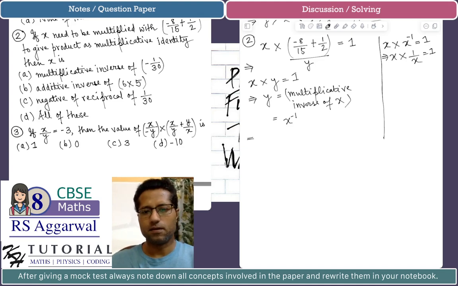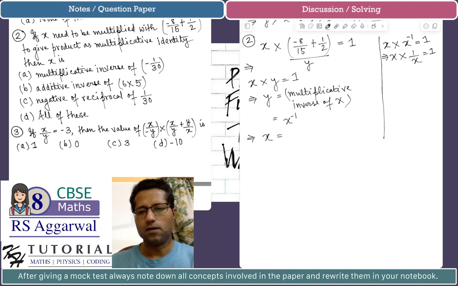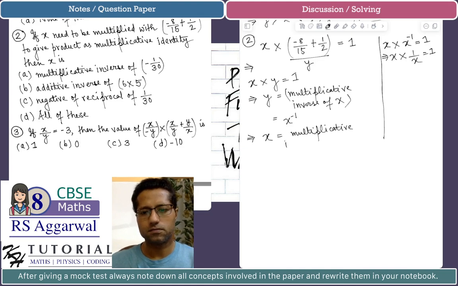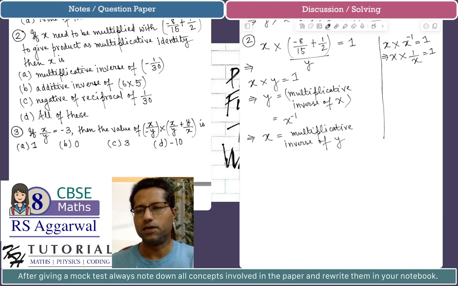We can also say that x will be equal to the multiplicative inverse of y. What is the concept?